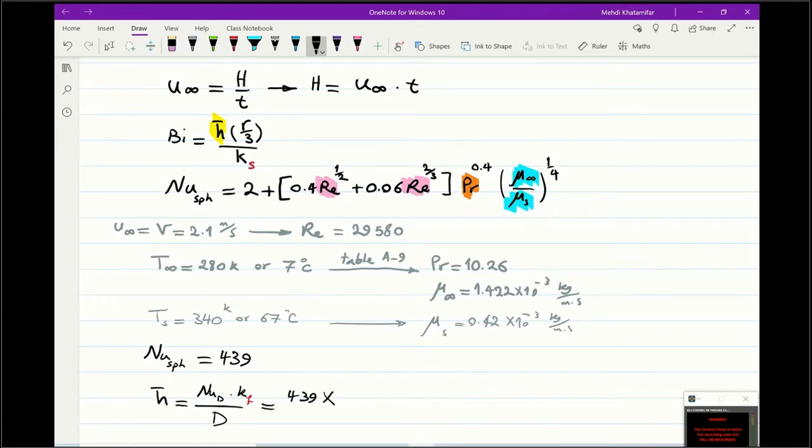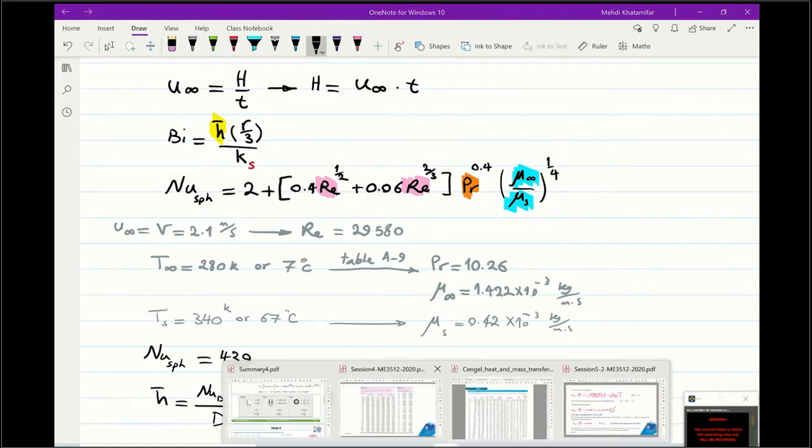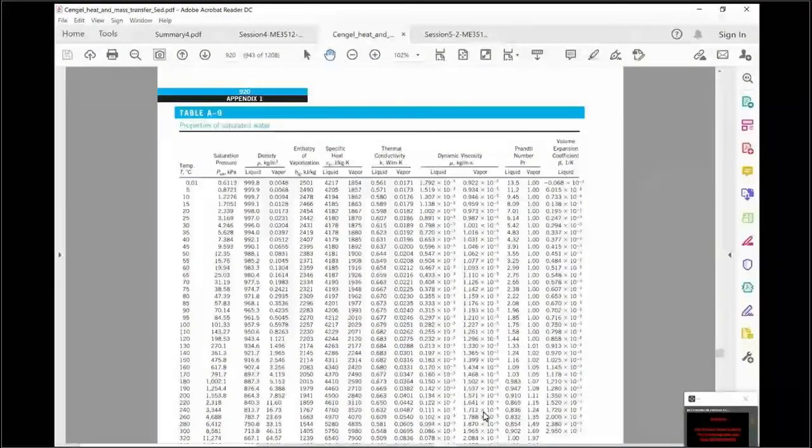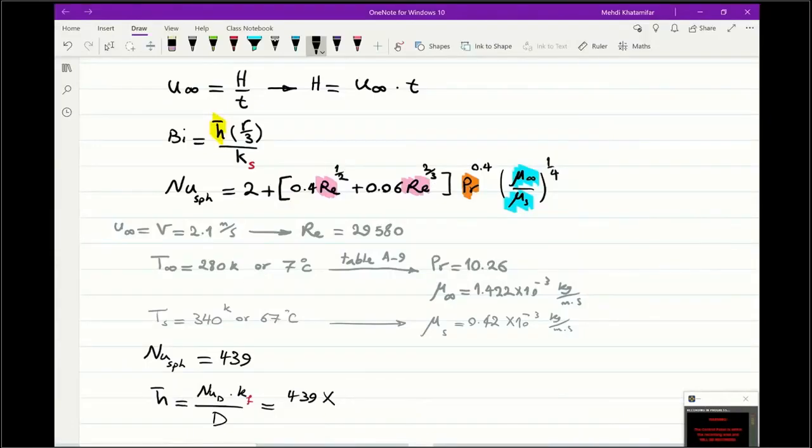The thermal conductivity of fluid at T infinity, let's go and check it. It's 7 degrees, so thermal conductivity is going to be 0.58, for example. 0.58 divided by diameter 0.02.